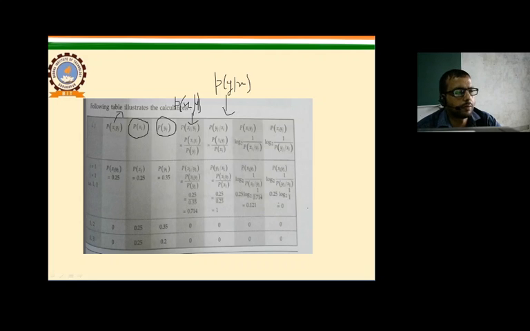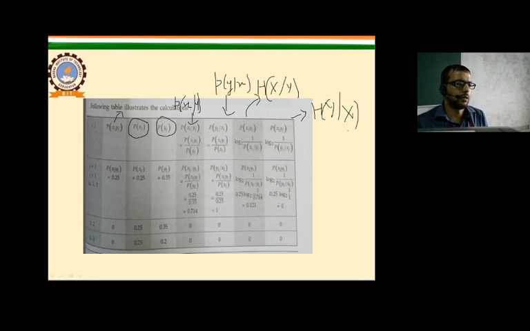If we get the probability for each row, then simply the entropy can be calculated in bits per symbol, or bits for each element. And then this is used to get the entropy H(X|Y), and this is used to get H(Y|X).